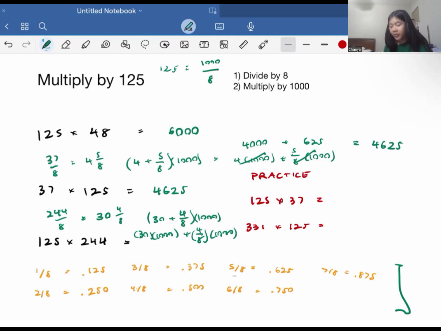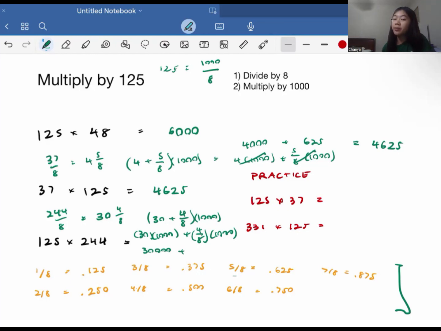Let's see if we can simplify this a bit. 30 times 1,000 is just going to be 30,000, plus 4/8 times 1,000. You could recognize 4/8 as 1/2, which is 0.5, or you could just memorize that 4/8 is 0.5, or you could look at the table to see that 4/8 is 0.5.